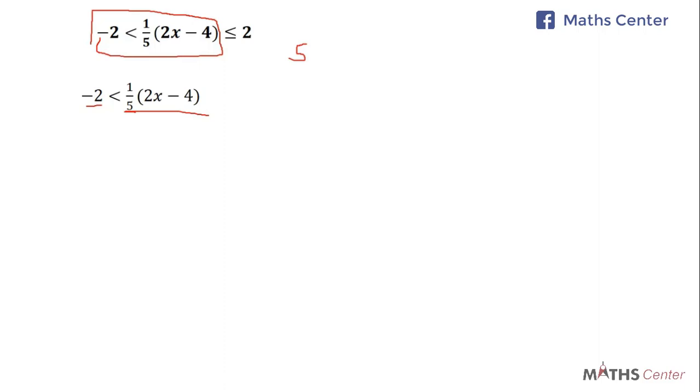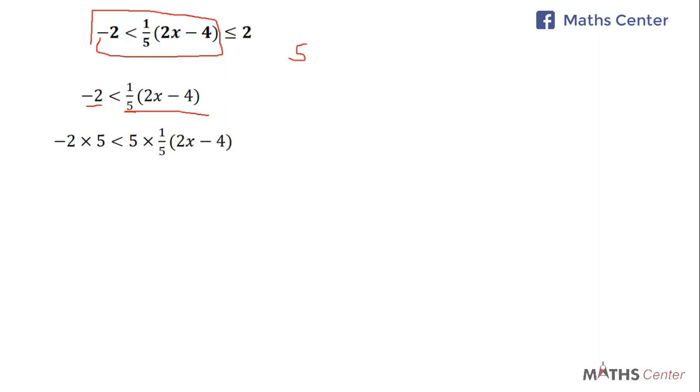Now what you do is that you multiply each term by the LCM that you found. The LCM is 5, so you multiply each term by 5. This means that you are going to have -2 by 5, then less than 5 times this term here, which is 1/5 into bracket 2x minus 4.